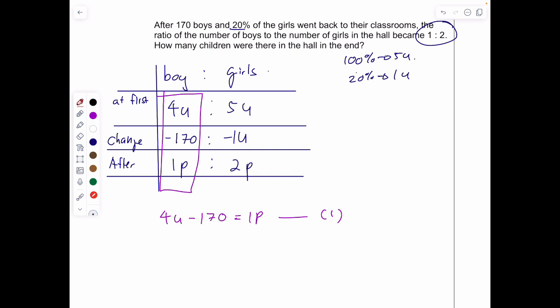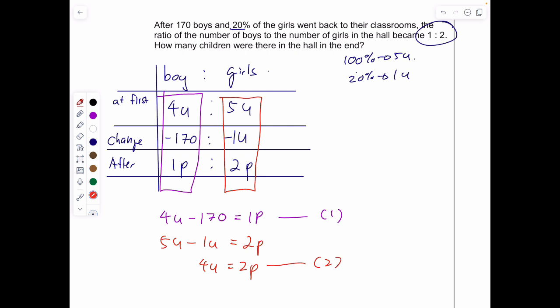Then our second equation, we can use this. 5 units minus away 1 unit equals to 2 parts. Okay, so in short, if I were to rewrite this, 5u minus 1u is 4u. So 4u is essentially 2 parts. And this is my second equation.